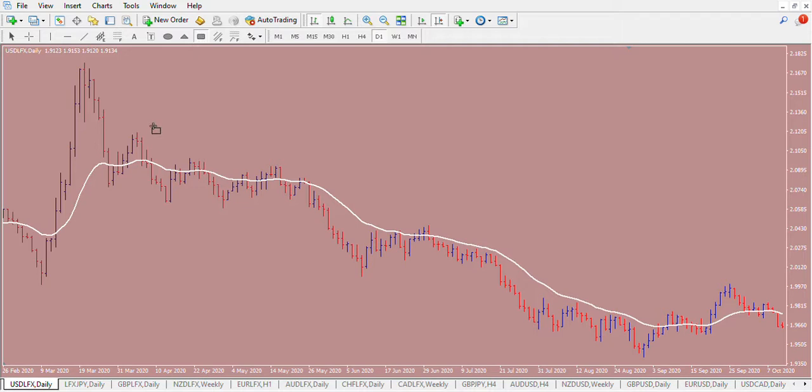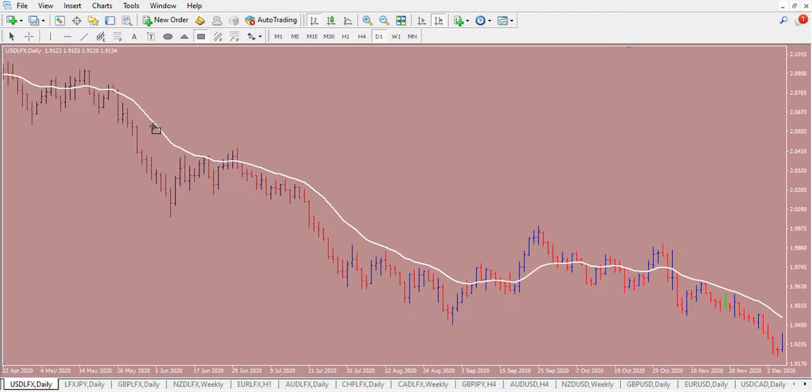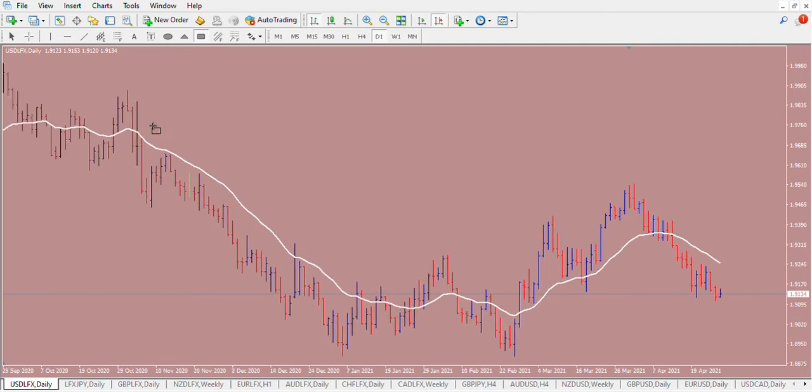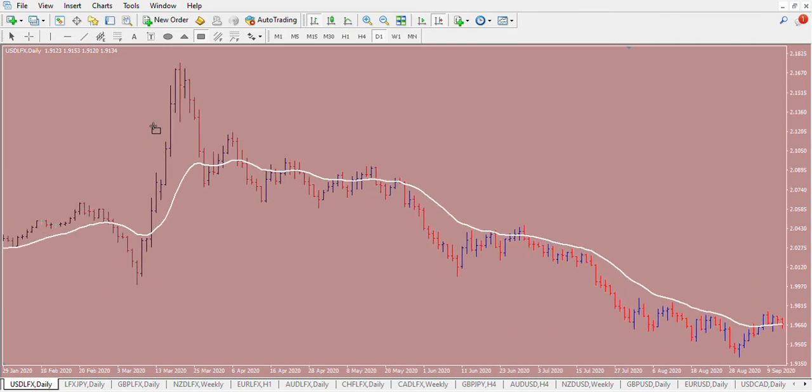Looking at this is my CAD index pair, and it's fully in a downtrending market. Now in market structure, I want you to know this. We have the low for a sell side, we have the low, the bottom, and we have the top.